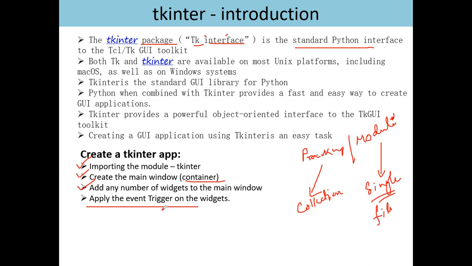Say you have given a button, so you are expecting that some user will click on that button. So what will your application do when the button has been clicked? That is the handling of the event. Okay, apply the event trigger on the widget. So these things you have to do. We will see soon.